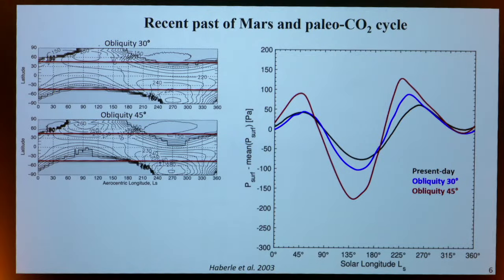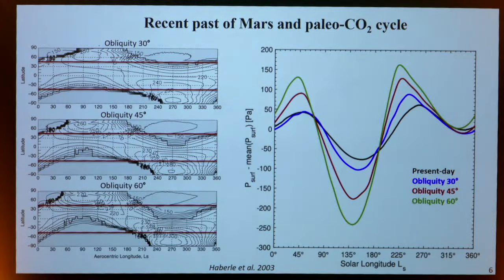But when you go to 45 degrees of obliquity, the caps are more extended by 10, 15 degrees of latitude. They are thicker, and therefore the CO2 cycle is more pronounced. We have an increase of the drop of the surface pressure, meaning that the seasonal ice caps are thicker. And at 60 degrees, it's even worse. Caps are really more extended, and the signal in the seasonal pressure is indeed more pronounced.